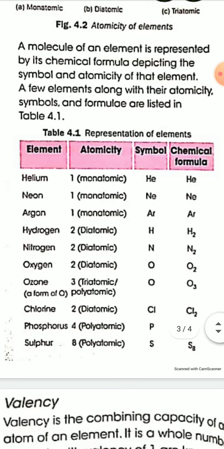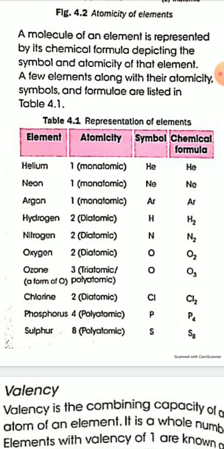In table 4.1, here is the representation of elements. There are four columns: elements, atomicity, symbol, and chemical formula. First, the elements helium, neon, argon.